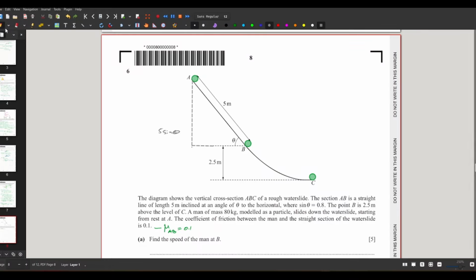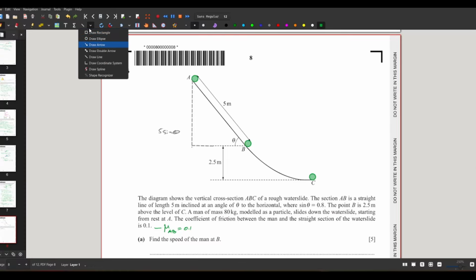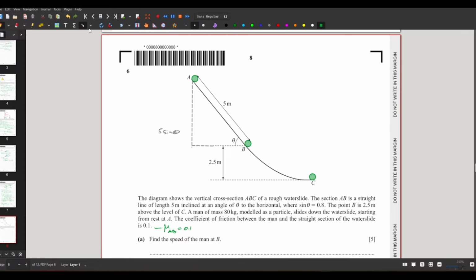Okay, and then what else? We have some forces. So we have the mass, we have the contact force here, and also we will have some components of mass.